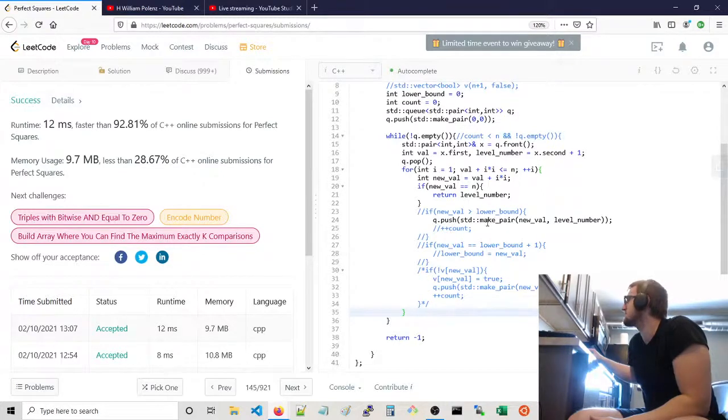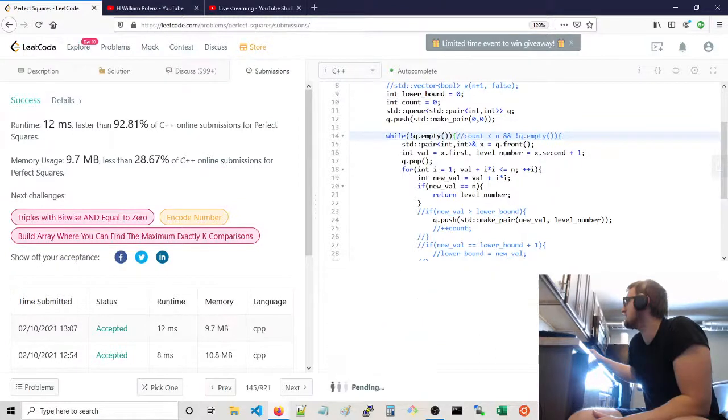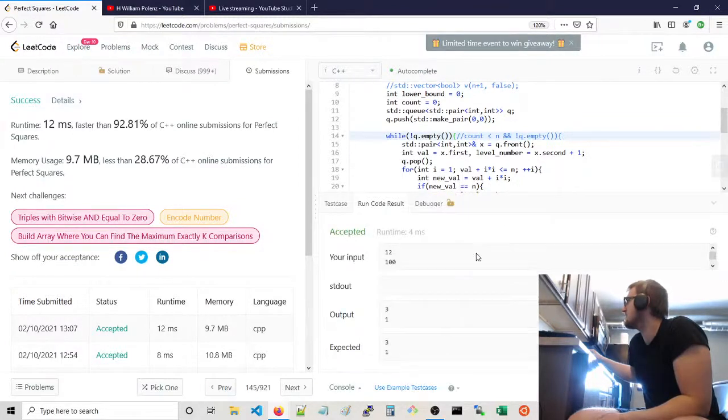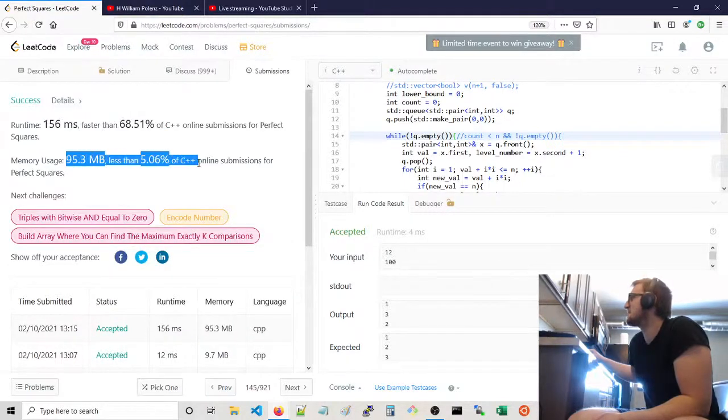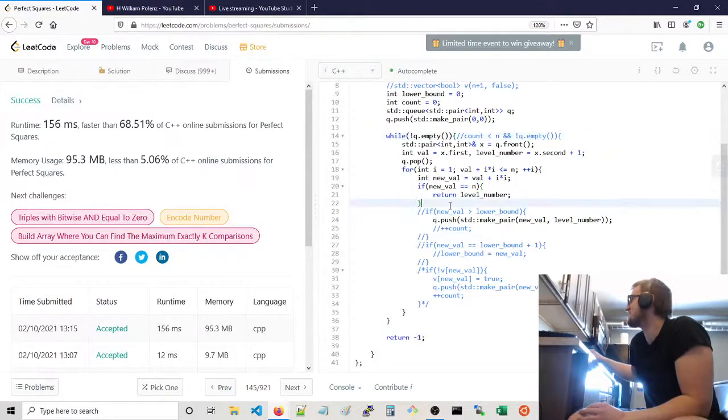What is this? This is interesting. Let's go. Oh, so we do get the right answer now. Yeah, no kidding. It's a lot slower. A lot more memory. That's interesting. I guess that makes sense.